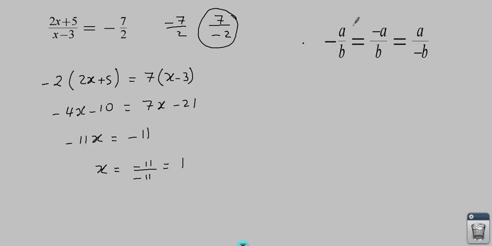Remember, negative a over b equals negative a over b equals a over negative b. And I'll leave it as an exercise to you to prove that if you use negative 7 over 2, you will get exactly the same answer.